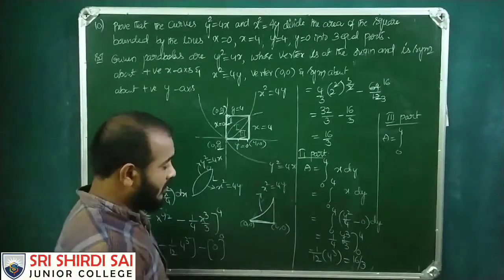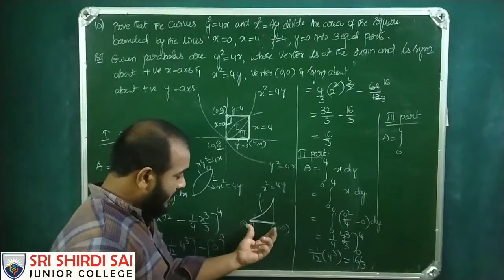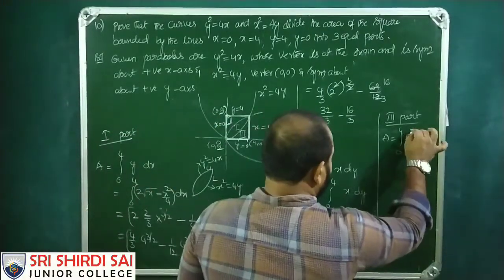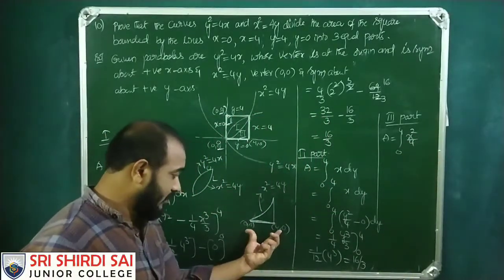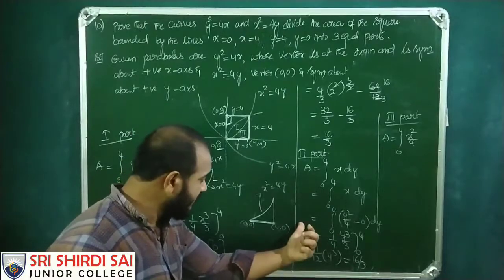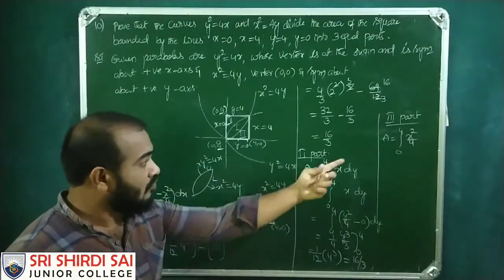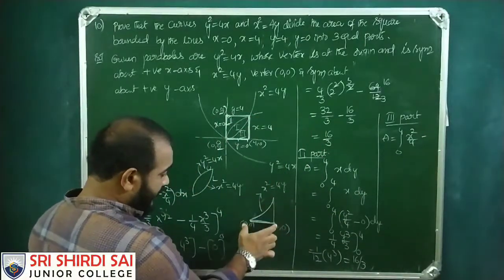Since these are the x limits, y dx I want. From this, x square by 4, again 0 to 4 are the limits of x. So dx, then y dx. So x square equals to 4y, y equals x square by 4, minus, this is the upper curve and this is the lower curve.